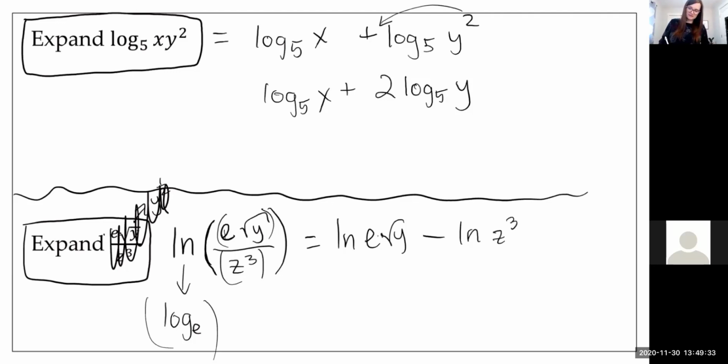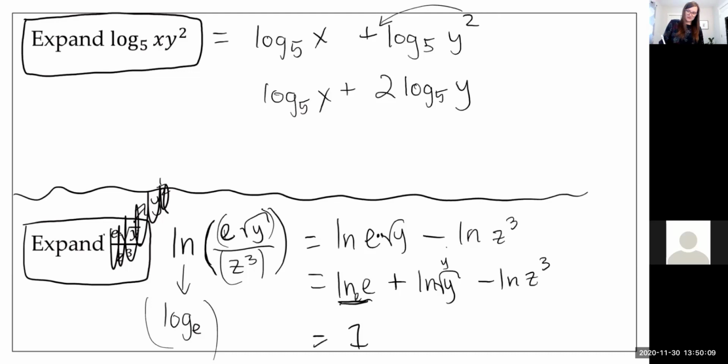So now once I split this: ln e plus ln root y minus ln z cubed. Ln e, because this is the same base of the same base, it's going to be a 1 because e to the power of 1 is e.